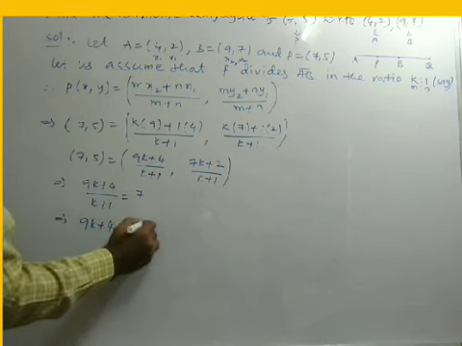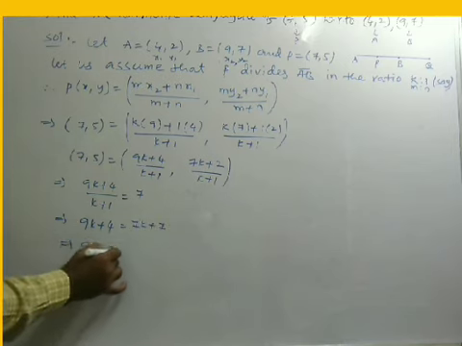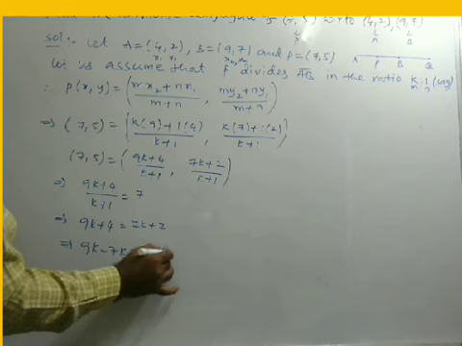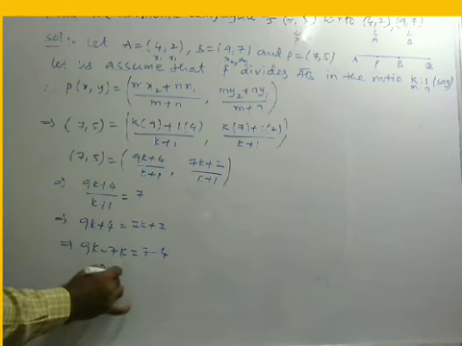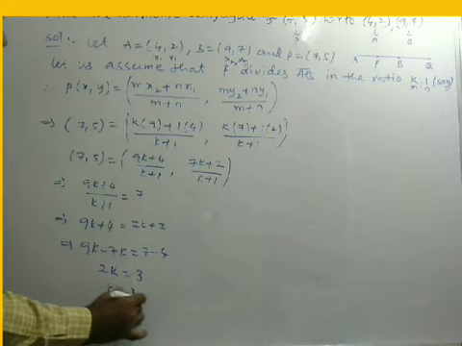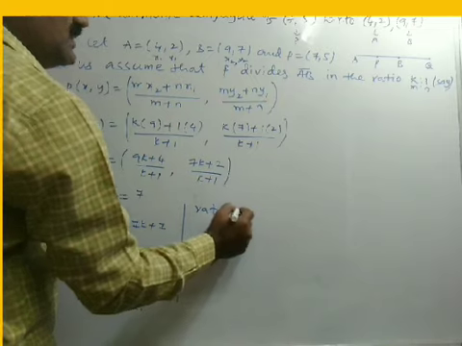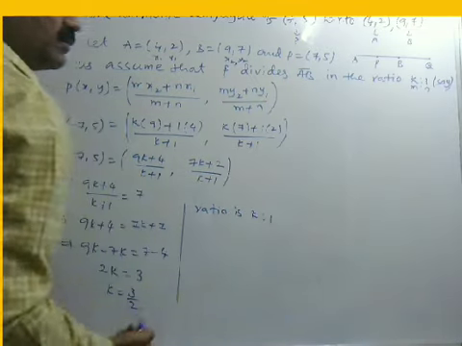Then cross multiplication: 7k plus 7. So this is 9k minus 7k is equal to 7 minus 4. Hence 2k is equal to 3. And from this k is equal to 3 by 2. So actually we assumed that the ratio is k is to 1.